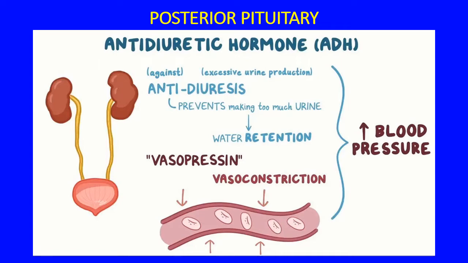The vasopressin will cause vasoconstriction, which is why you have two names, ADH and AVP. The names were different, but they were really doing some of the same things, same hormone, okay? Both of these are going to lead to an increase in blood pressure.